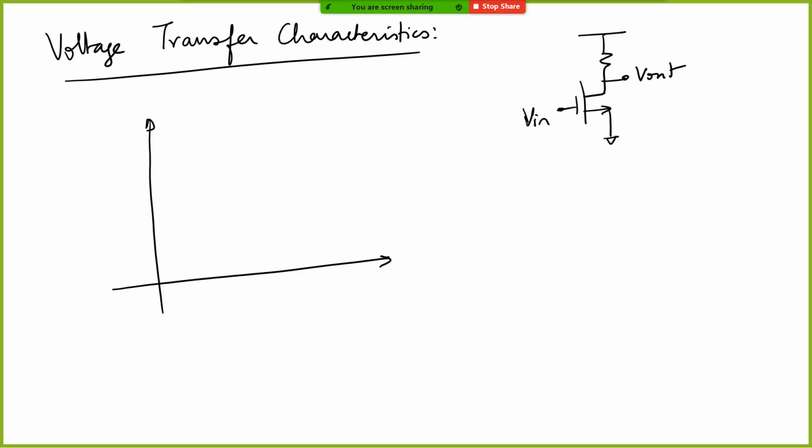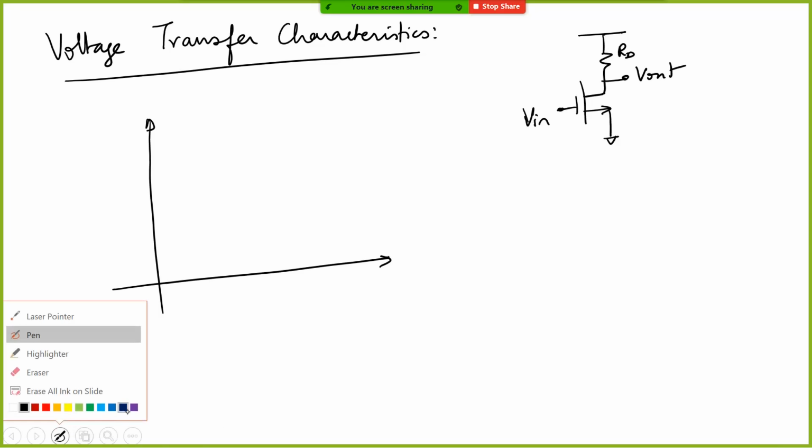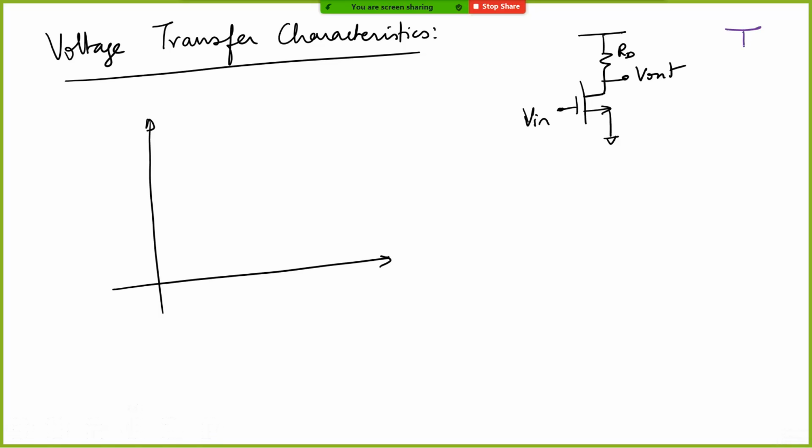Okay, let's say this is V in and this is V out. You have a certain RD. Okay, and in the meantime, I also want to take, let's say, RC. I don't know if I did it for BJT. Let's say this is V in and V out.